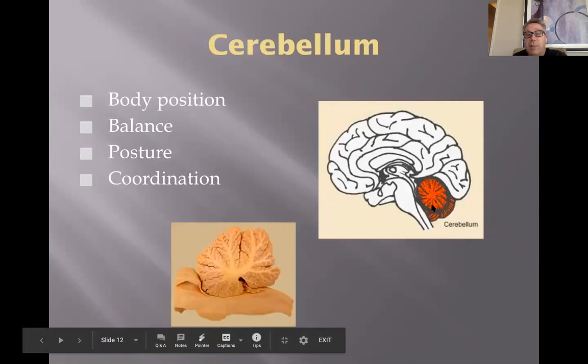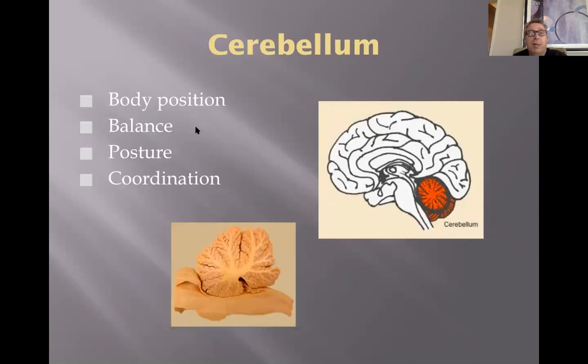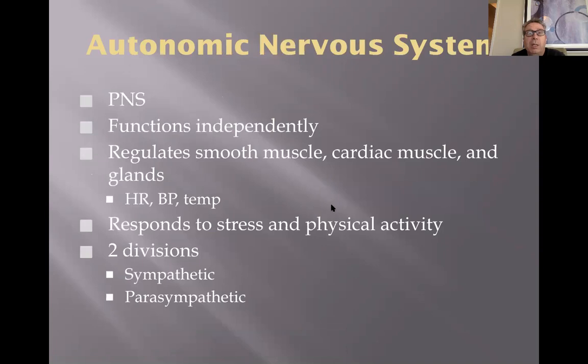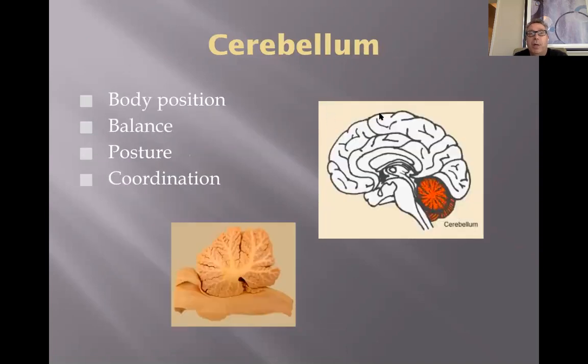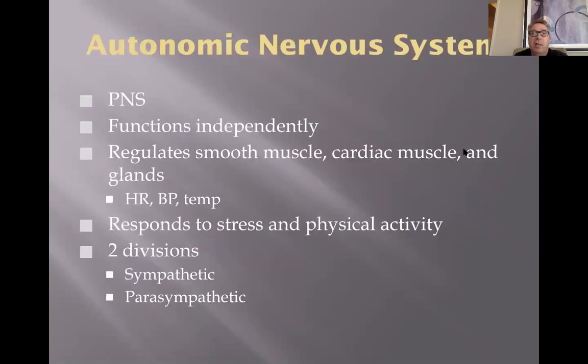The cerebellum, this is that big area on the bottom, is responsible for body position, balance, posture, and coordination. So that's pretty much done with the identification aspect and the function, but we're going to talk about the autonomic nervous system. So this is the peripheral nervous system. This functions independently, right?